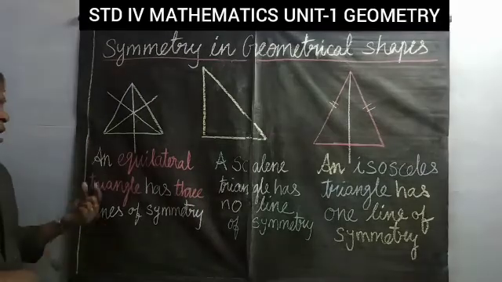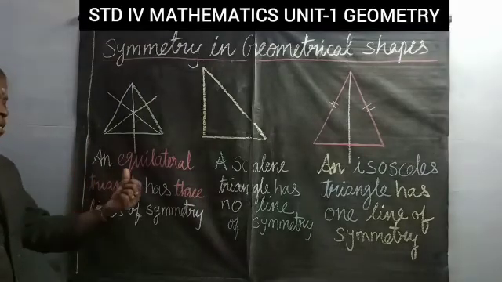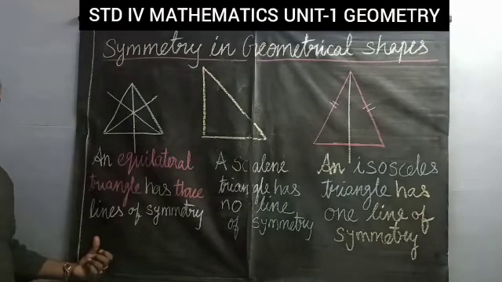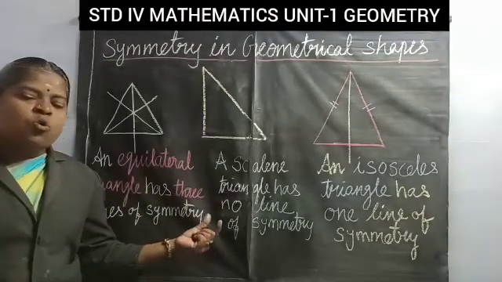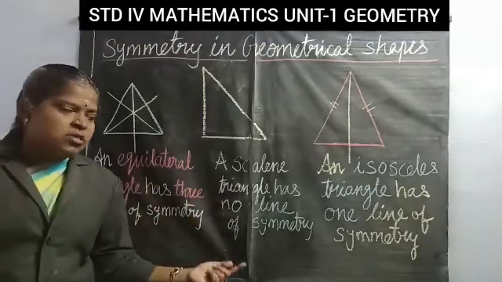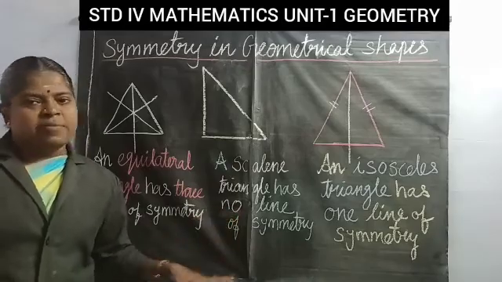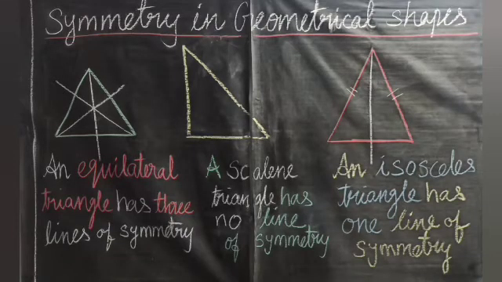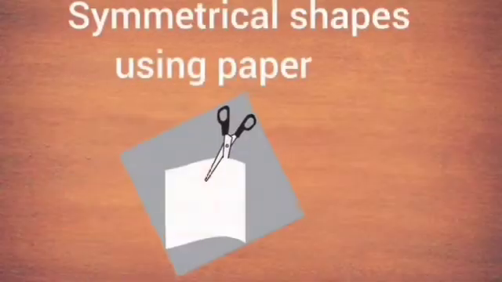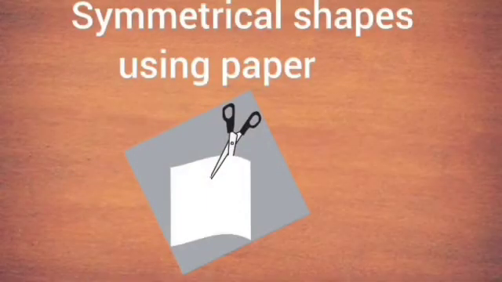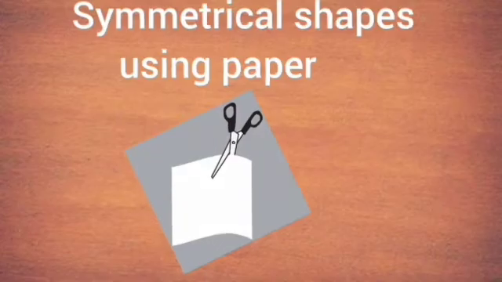Children, once again, an equilateral triangle has 3 lines of symmetry. Scalene triangle has no line of symmetry. And isosceles triangle has 1 line of symmetry. Children, now we can make symmetrical shapes by using paper.